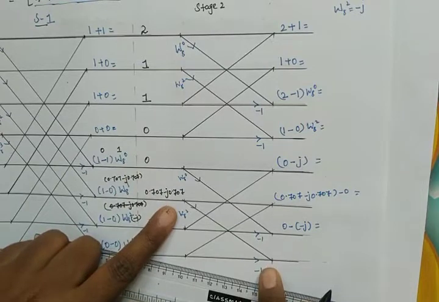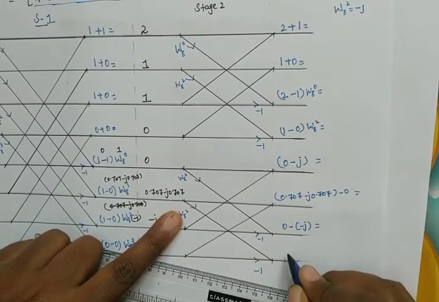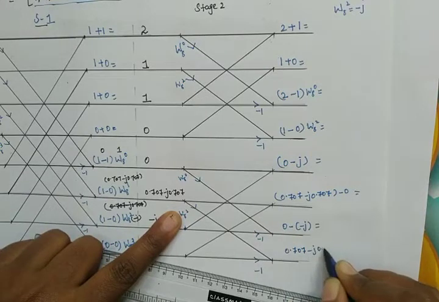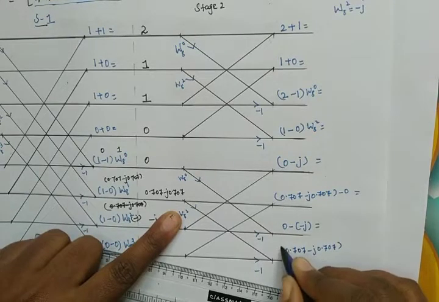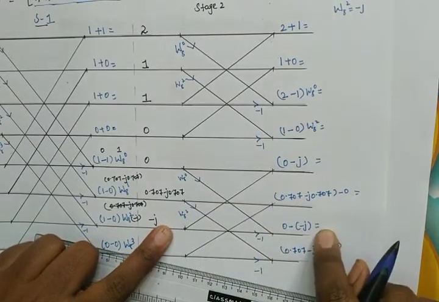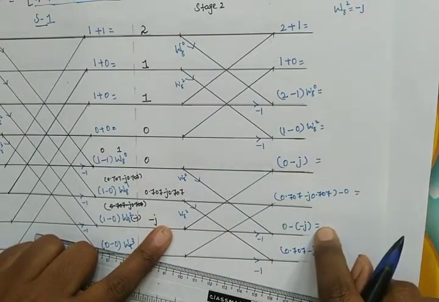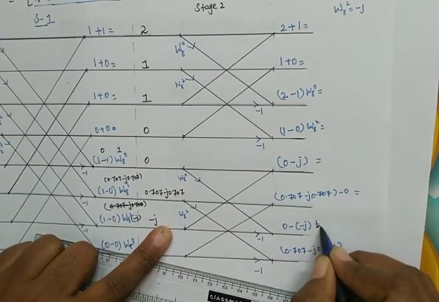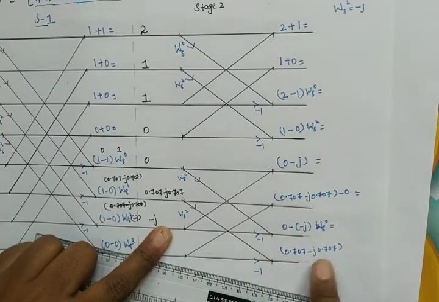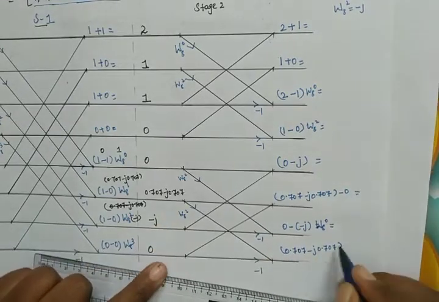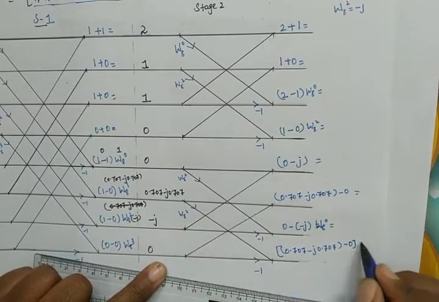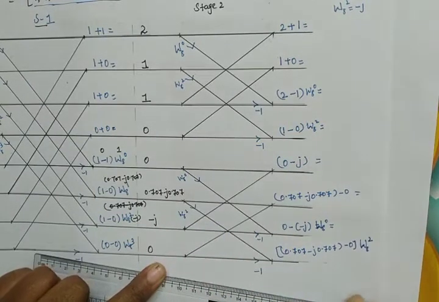Then the next one is, here we have 0.707 minus j 0.707 into, here it is W8 power 0, that's why I have not written, because it is understood, which is equal to 1. So if one, I will write W8 power 0, and here it is 0.707 minus j 0.707 minus 0 into, what is the twiddle factor here? W8 power 2. So W8 power 2.